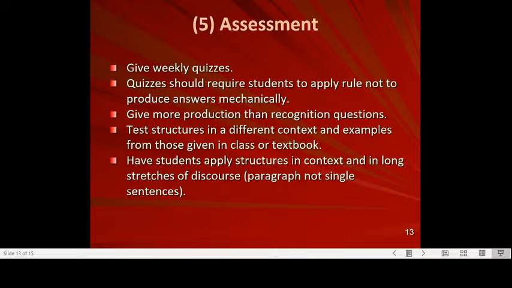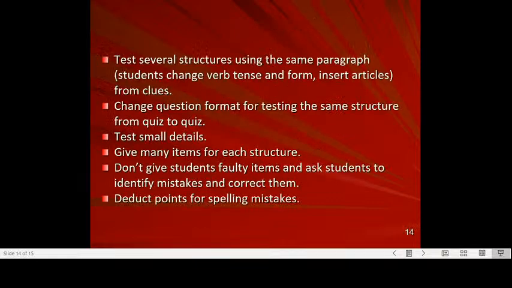Give more production than recognition questions. Test structures in a different sequence, in a different context, and examples from those given in class or in the textbook. Have students apply structures in context and in long stretches of discourse, which means at the paragraph level, not single sentence level.